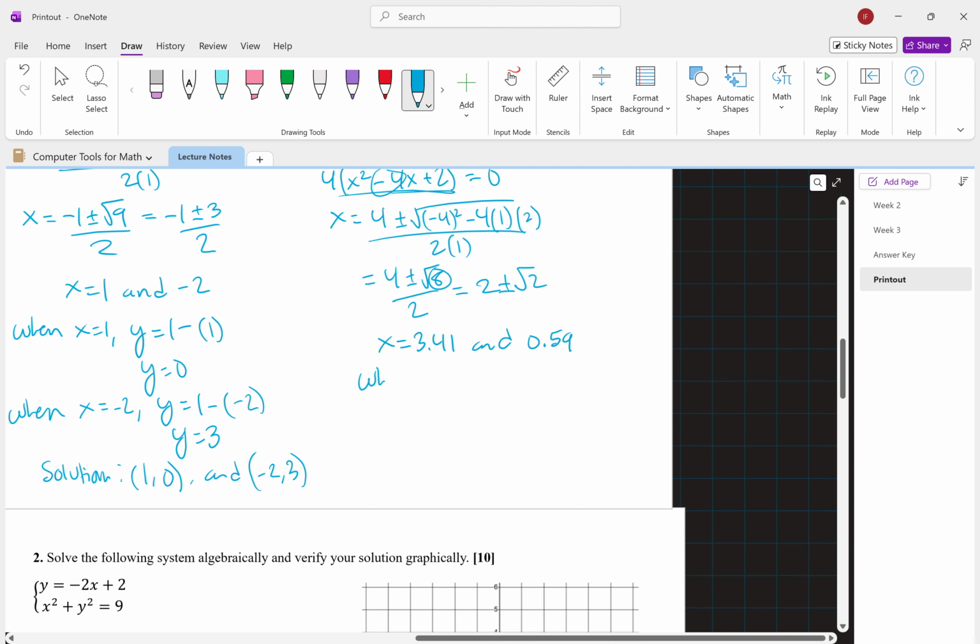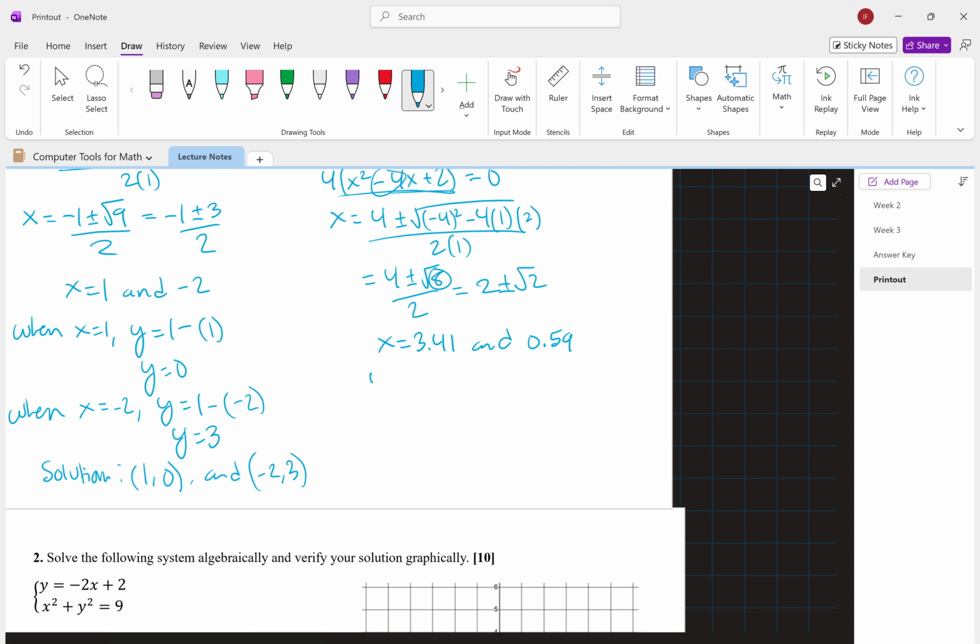So when x is equal to 3.41, y is equal to 2x minus 3, which gives us 3.82 when we plug it into our calculator. When x is equal to 0.59, y is equal to 2 times 0.59 minus 3, which gives us negative 1.82.